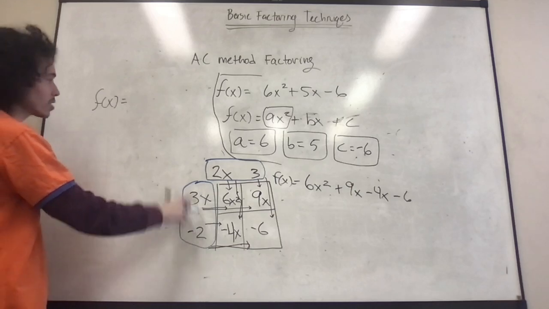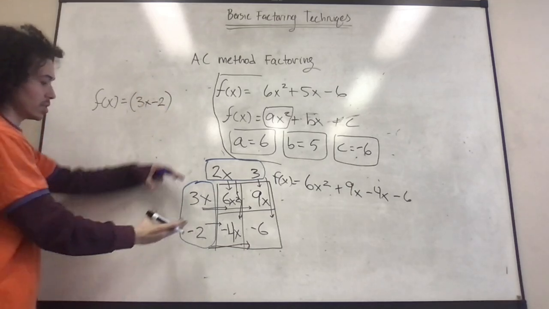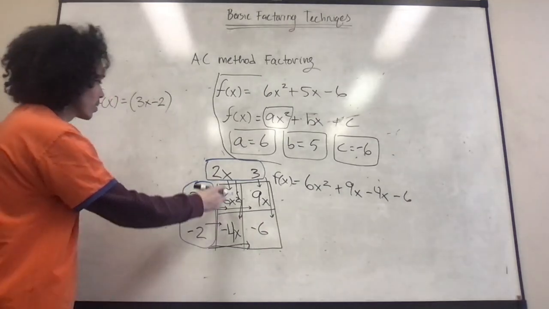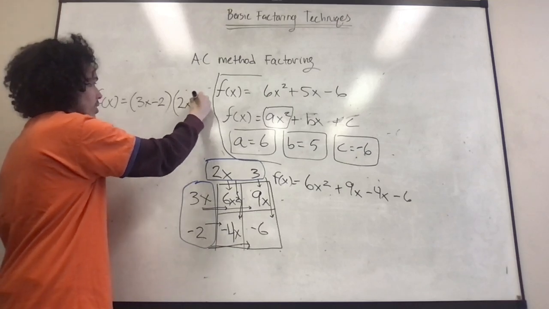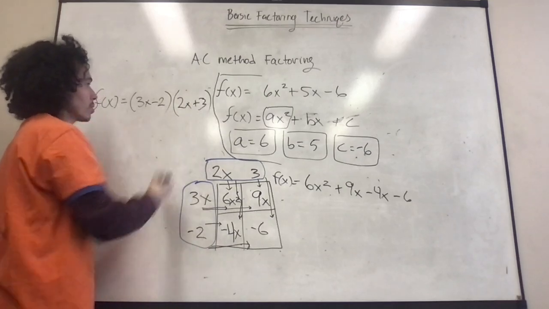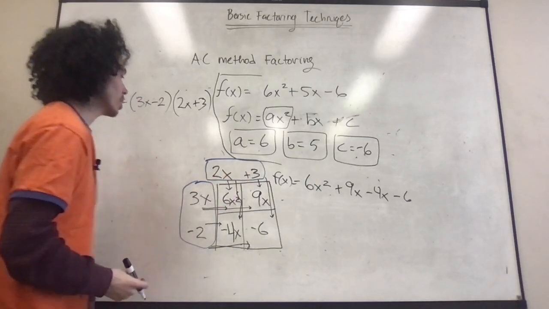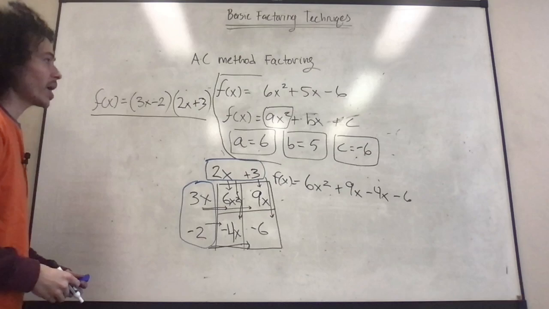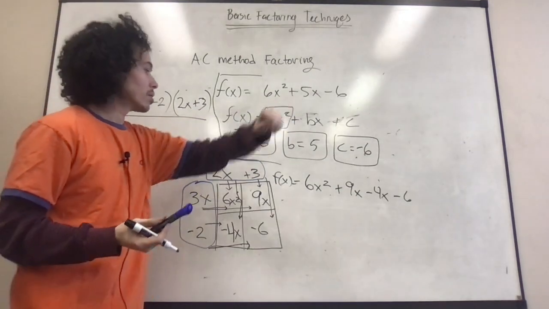That 3x minus 2 becomes its own parentheses, okay? And then you have your 2x plus 3, because the 3 is a positive, right? Boom. You completely factored out this function here.